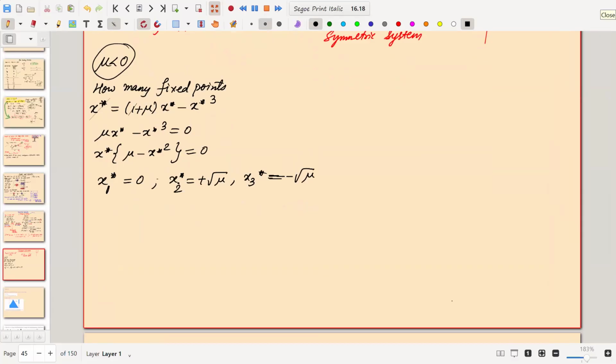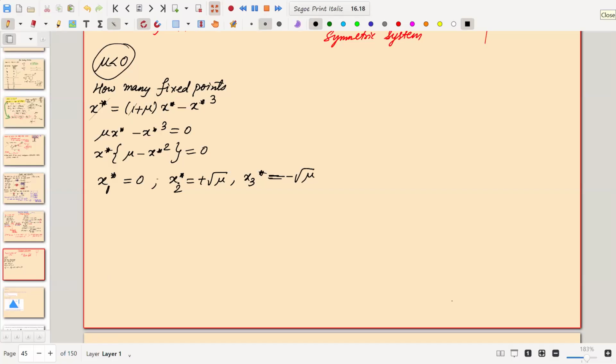Now for mu less than 0, how many fixed points are there? See very carefully. There is a root sign. If there is a root sign and you are taking a negative quantity, what does it make? A complex number. Can a fixed point be a complex number?